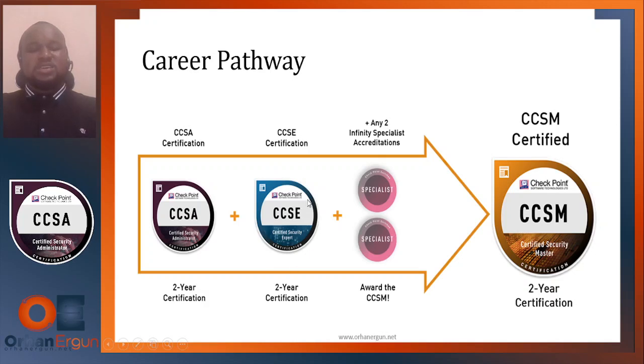Now, the CCSE as well has a 2 year validity period, and after this, you would have to write the specialist exam. If you write two Infinity Specialist exams, then you would be given the CCSM, which stands for the Checkpoint Certified Security Master. Now, all certifications are valid for 2 years.